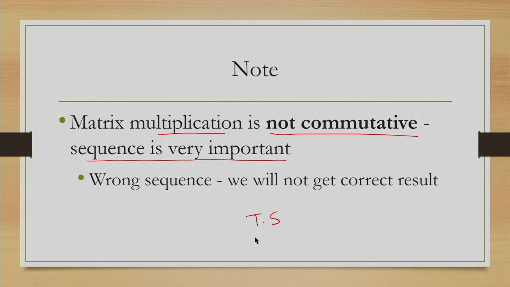Now, if we had done it the other way, that is scaling followed by translation, it would lead to a different matrix, whereas this gave us M, and since matrix multiplication is not commutative, we cannot say M equals M dash. So, actually M is not equal to M dash. If we do not create the sequence properly, then our result will be wrong. We may not get the right transformation matrix.